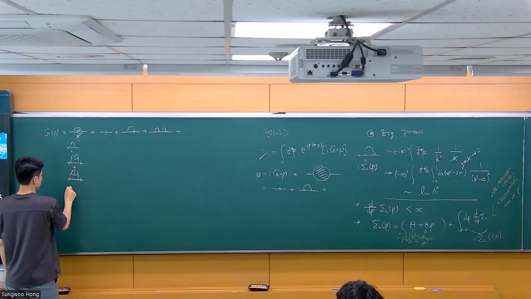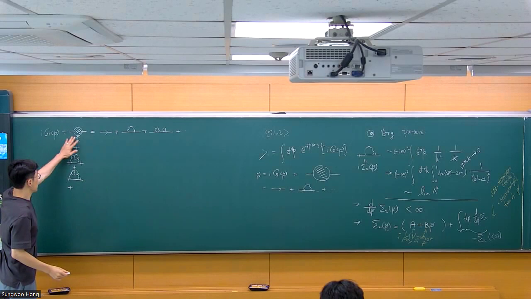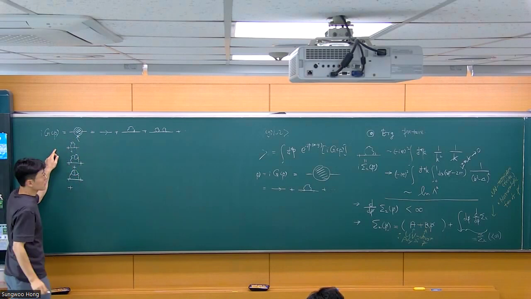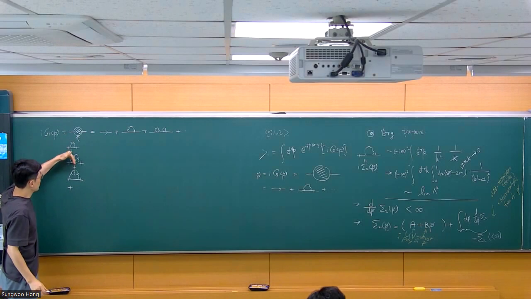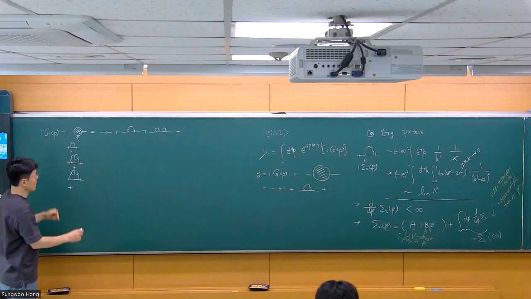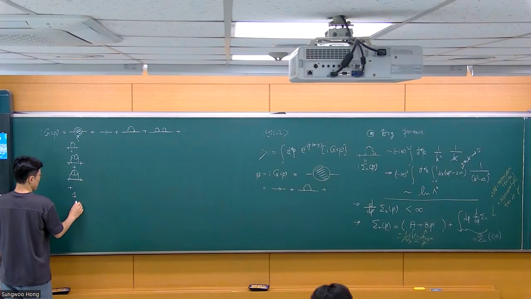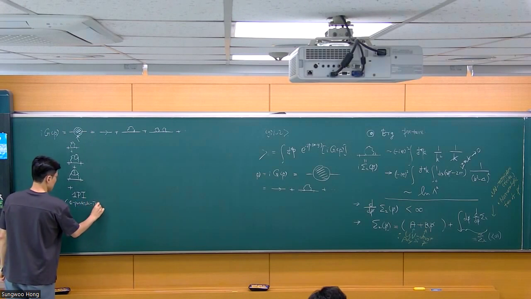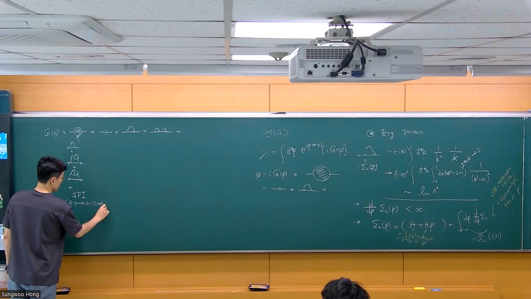There can be many other diagrams as well. In general, a diagram where I don't include external legs, and which cannot be divided into two pieces by cutting one of the internal lines, is called a one particle irreducible diagram.